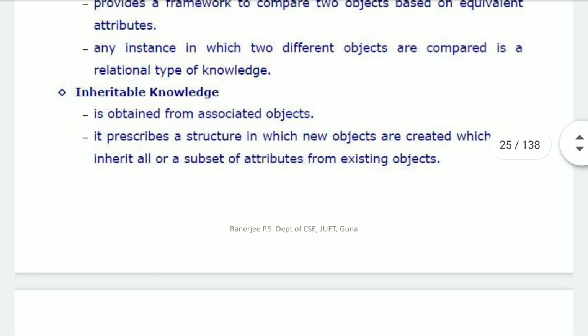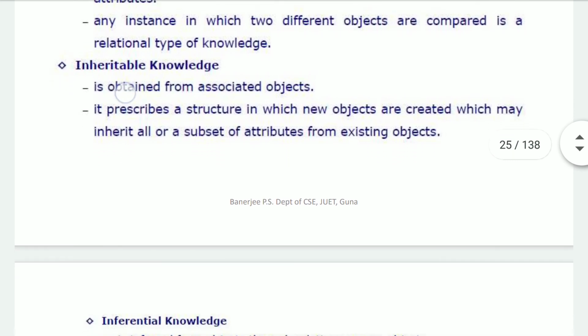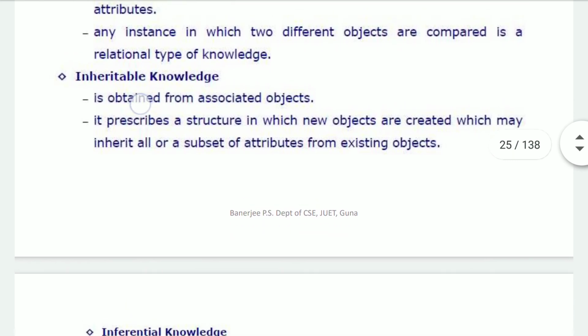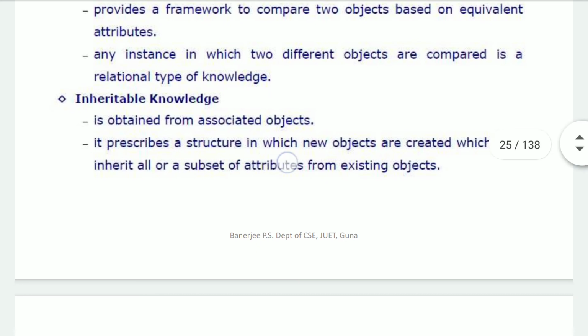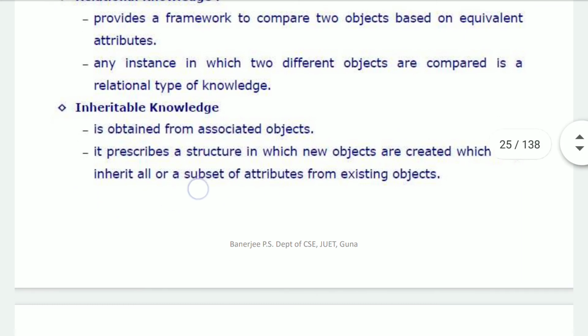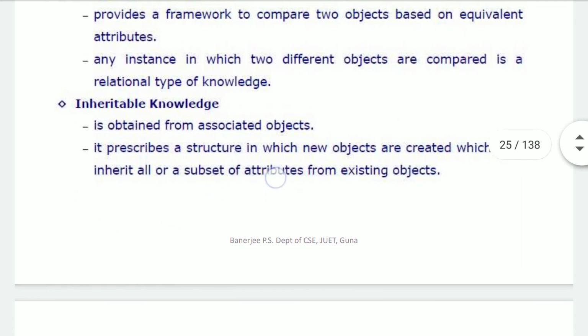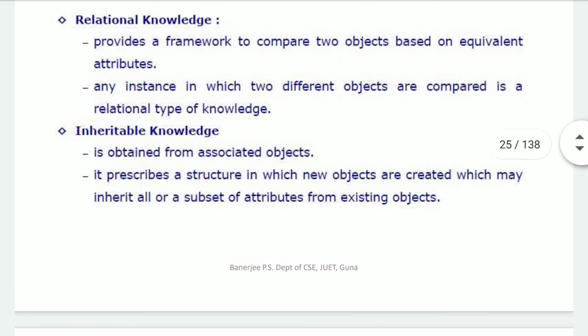Inheritable knowledge is something which you are supposed to know. It is obtained from the associated object. That means it is inherited from other objects, so we call it inheritable knowledge. It prescribes a structure in which new objects are created which may inherit all or a subset of the attributes of existing objects. From here, for inheritable knowledge, we go for the semantic net representation.